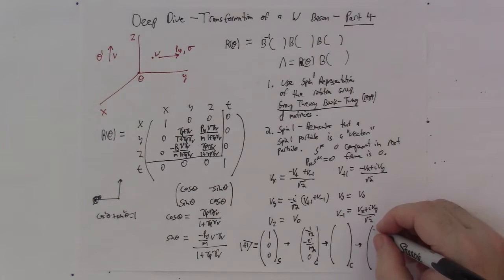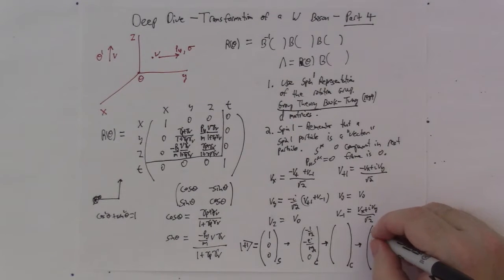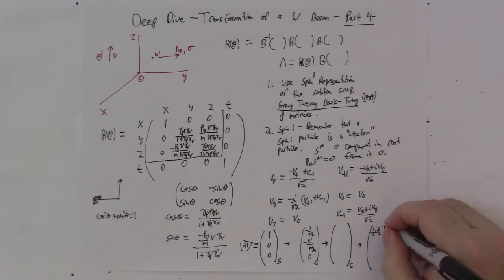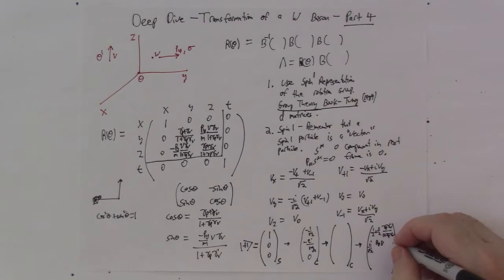And the final result is going to be something like, if you started with a plus 1, it's going to go into 1/2 plus 1/2 gamma p gamma v, over 1 plus gamma p gamma v, then i over the square root of 2 times p_y over m, v gamma v, divided by, again, 1 plus gamma p gamma v.